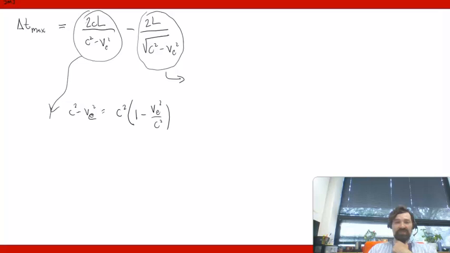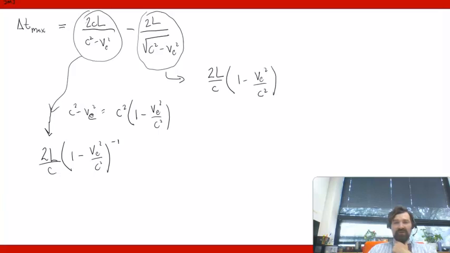And the end result is that this term, if I cancel this c with one of the two squareds here, ends up being 2l over c times (1 minus v earth squared over c squared) to the minus 1. By like reasoning, this term is 2l over c times (1 minus v earth squared over c squared) to the minus half power.